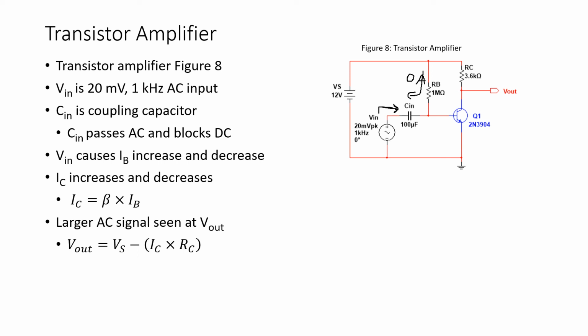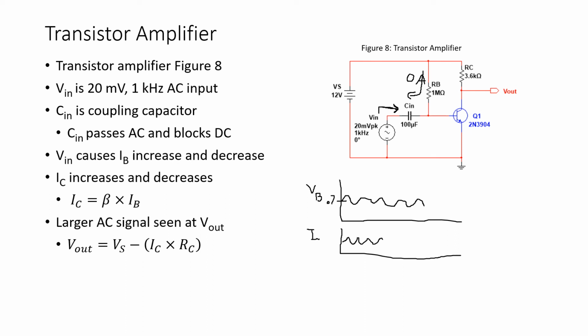So if we were to look at the base voltage, where it would normally be here at 0.7 volts, this base voltage is going to increase and decrease and increase and decrease. Therefore, my base current is going to, of course, increase and decrease as well. This is the base current.